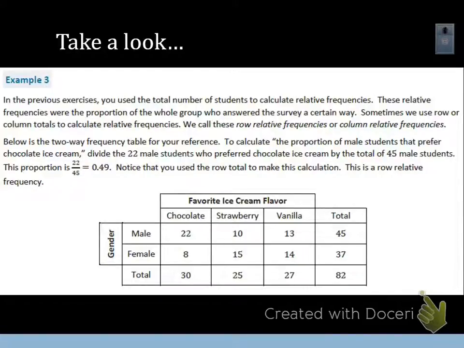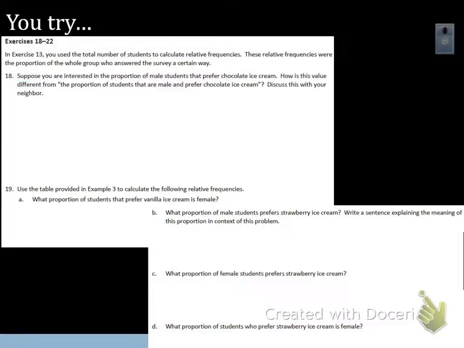Okay? All right, so I would like you to take some time on your own to read and answer number 18 and 19. Notice that 19 actually goes to the back of that page, and it has a B, C, and D on the back of that page.